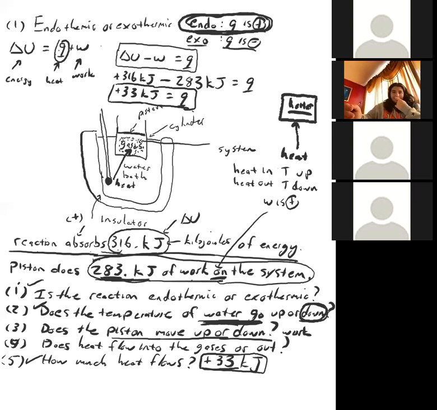And sometimes be careful, they may say up or down, or they may say in or out. Because if you have a piston and you turn it around, if you just flip it on the backside, what used to be going up would now be going down. So the terminology up and down is not always used. They'll say in and out.